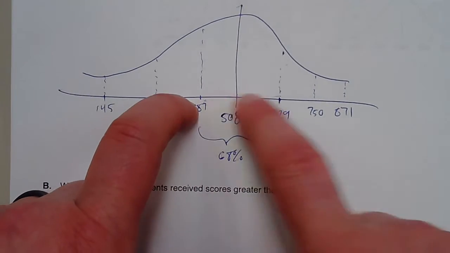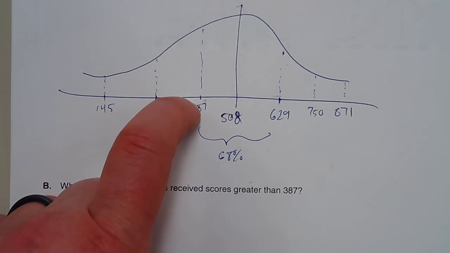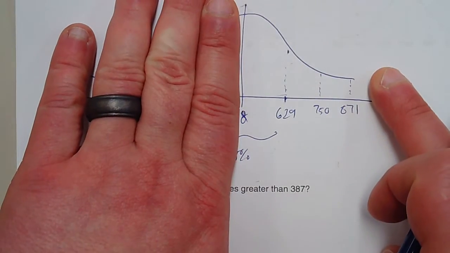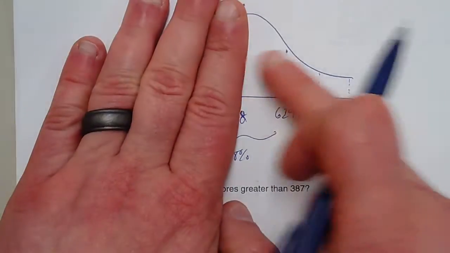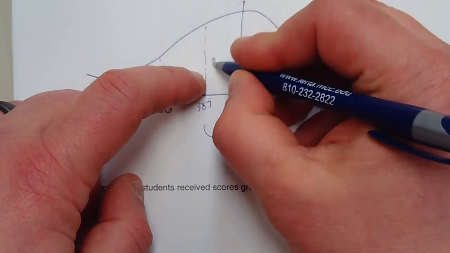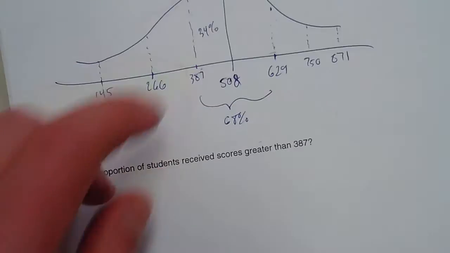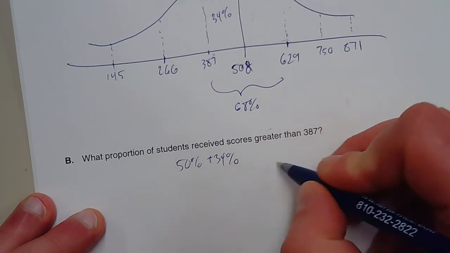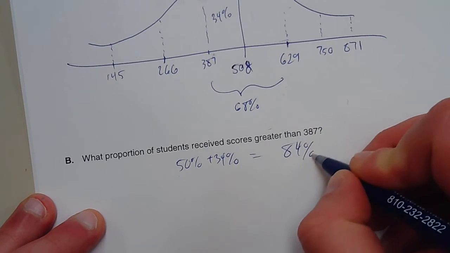So 387 and up. Here's how I would do this. Well, past 508, that's 50%. Okay, so that's 50% plus whatever this section right here is, which if you remember earlier, we labeled it there, that's 34%. So 50% plus 34% is 84%.